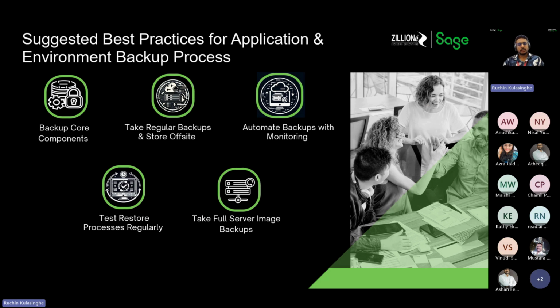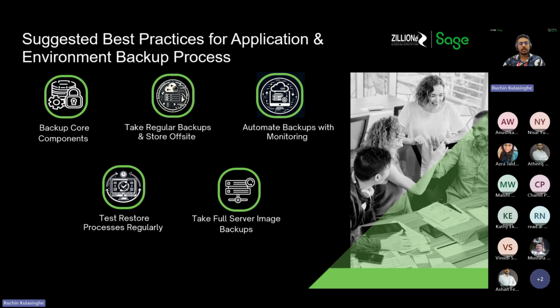So, thank you, Ashan, for that good explanation. I believe everybody is now aware of which backup files and which folders need to be taken for your backup. In case of a situation where your entire application or environment is locked down or crashed, you will know which files you will have to provide us when it comes to restoring your entire environment.